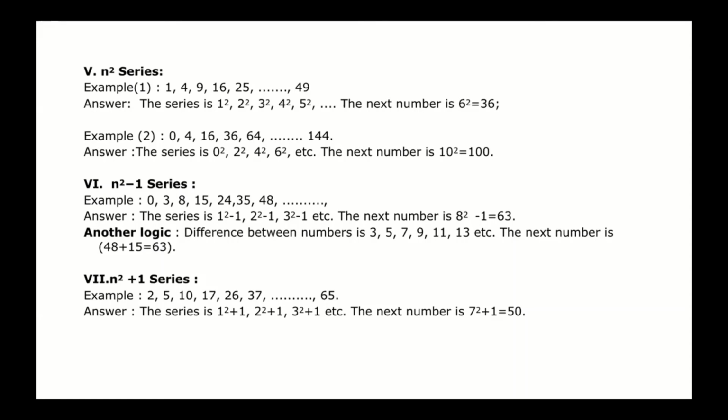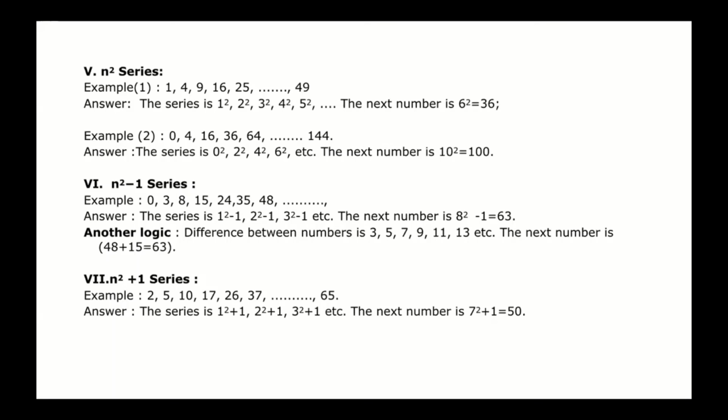So now if I say 1, 4, 9, 16, 25, what are these? You will very well identify that these are nothing but perfect squares. But when I give you 0, 3, 8, 15, 24, and I ask you what are these, now you might get confused because they don't fall into the category of prime numbers, squares or cubes.